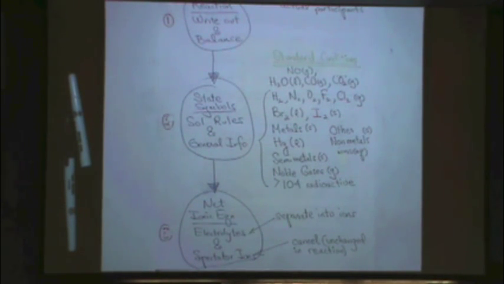Knowing electrolytes, you separate everything out into ions. If it separates into ions, is that a strong or a weak electrolyte? That's a strong. So all strong electrolytes you separate out into ions, and you cancel anything that you see on both sides. This is kind of like a little math, cancel what you see on both sides.